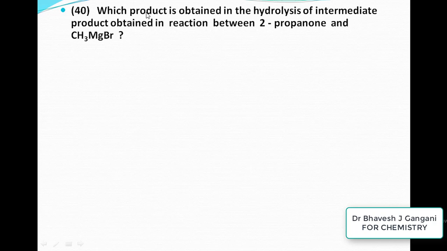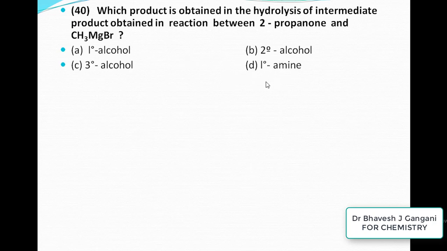Now question number 40. Which product is obtained in the hydrolysis of intermediate product obtained in the reaction between 2-propanone and methyl magnesium bromide? First primary alcohol, secondary alcohol, tertiary and primary amine. Now propanone is nothing but acetone. It is allowed to react with methyl magnesium bromide.